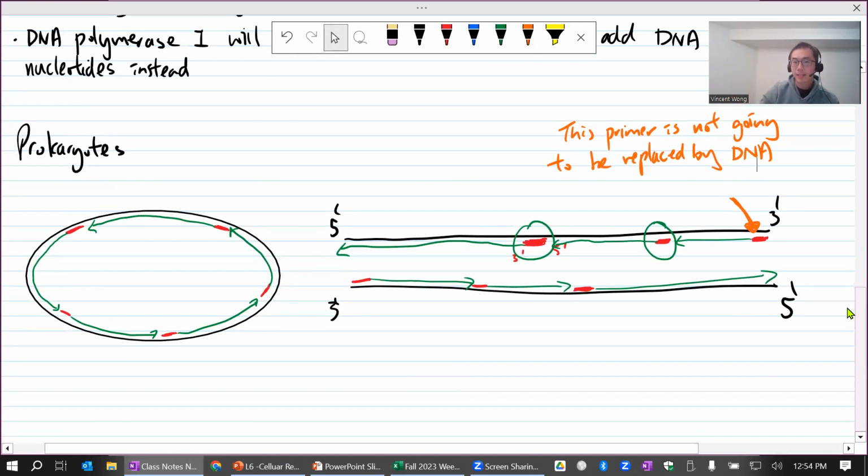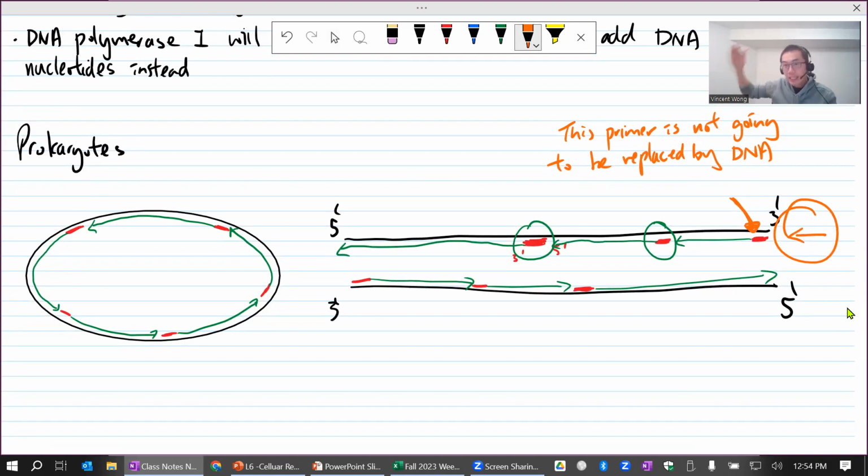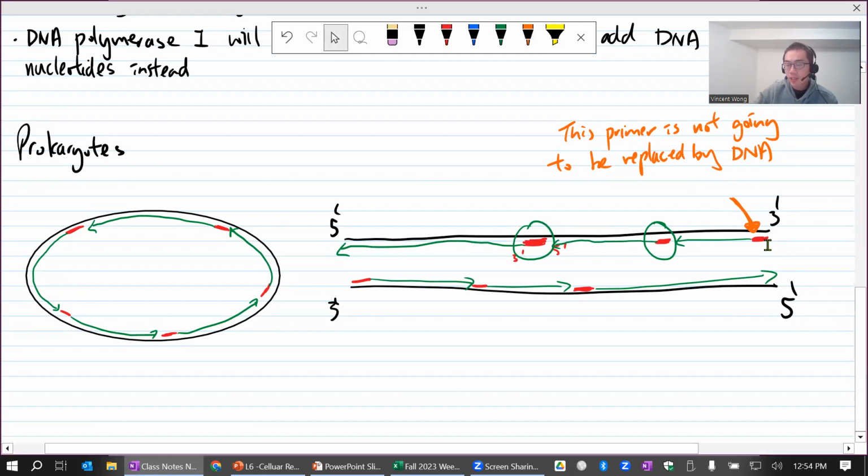The difference is this: we don't have a polymerase 3 coming from upstream. This is the end of the line. If polymerase 3 is not coming, there is no signal for polymerase 1 to get on. And this part here at the end is just going to stay as RNA primer, and it will be lost. You're not going to copy that section of the DNA.